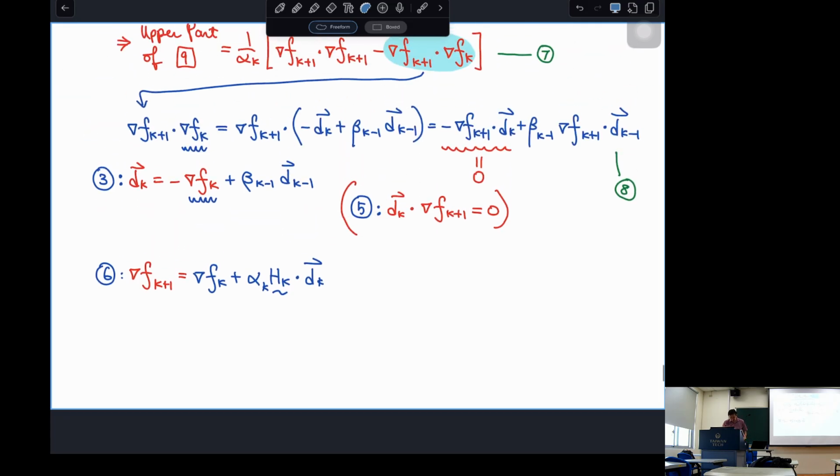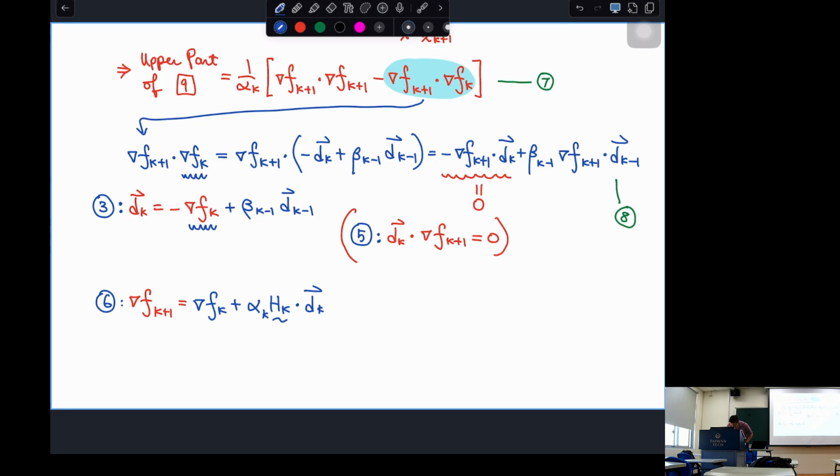Okay, from equation 6, we now will rewrite the gradient f k plus 1 by what we got from equation 6. So let's do that.